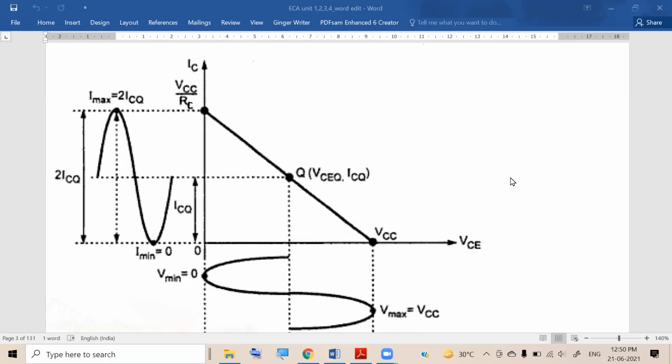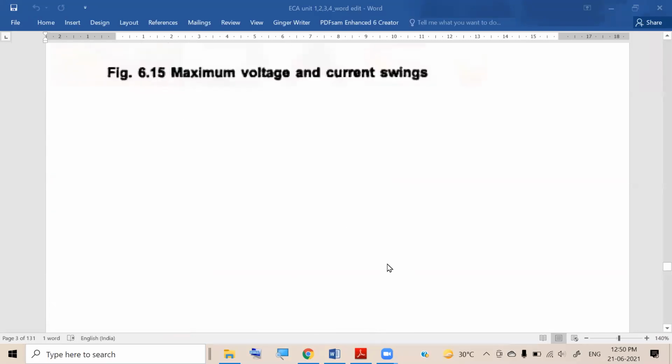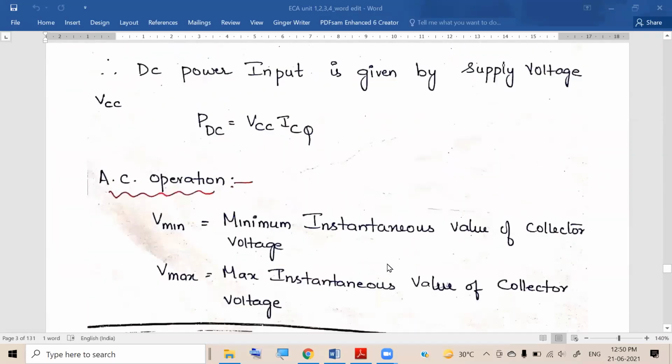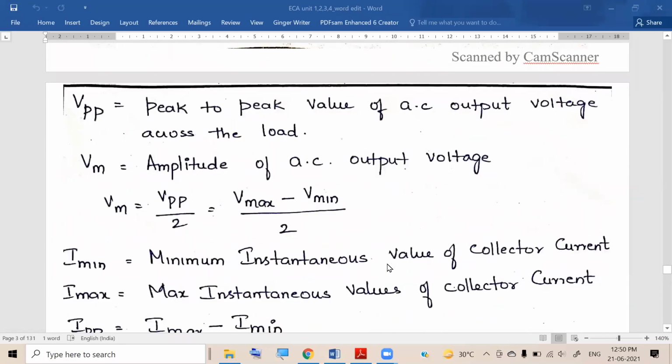Then you will see the negative peak here. Yes, very good. The peak to peak collector voltage here is how much? VCC. Very good. So these are the terms we need for our derivation.